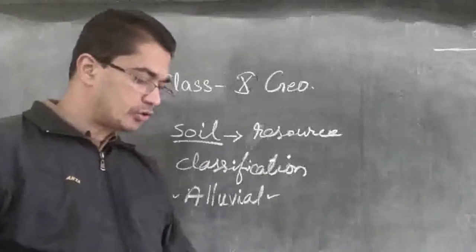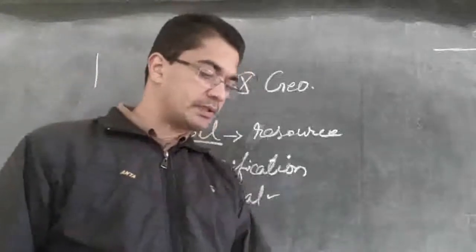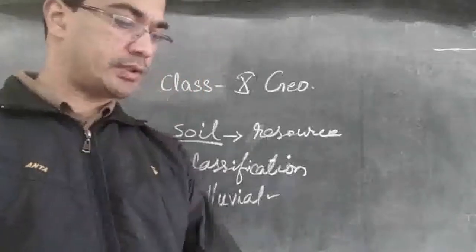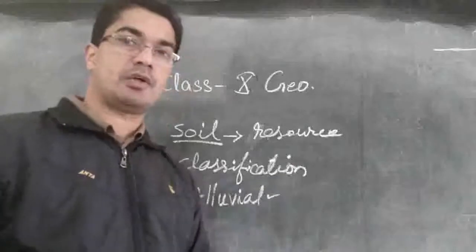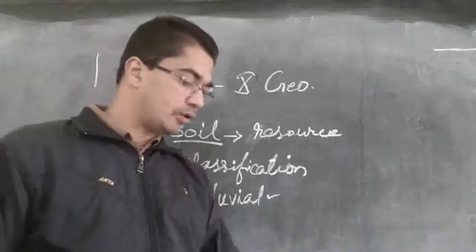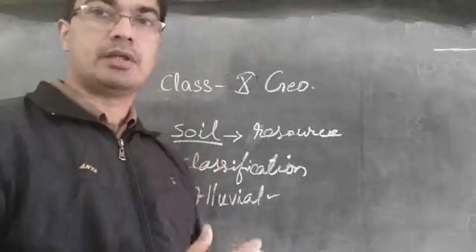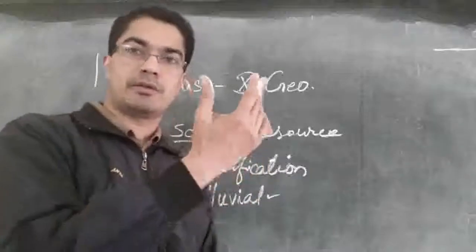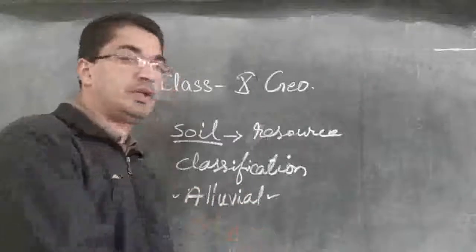Alluvial soil is also found in the eastern coastal plains, particularly in the deltas of the Mahanadi, Godavari, Krishna and Kaveri rivers. So this alluvial soil is also found on the eastern side of the coastal plain. These rivers on the eastern side of India also bring down alluvial soil from the small mountains nearby.